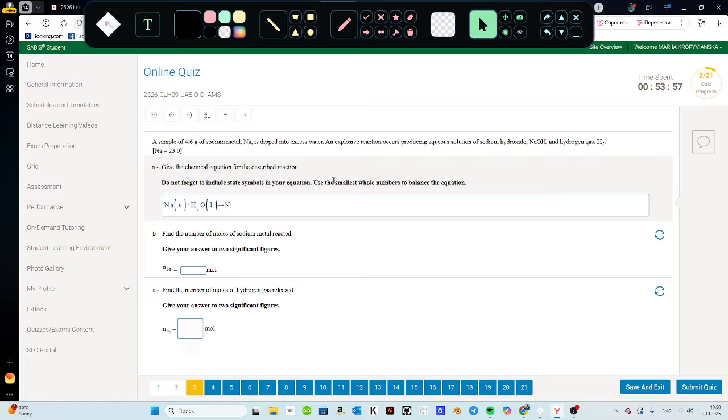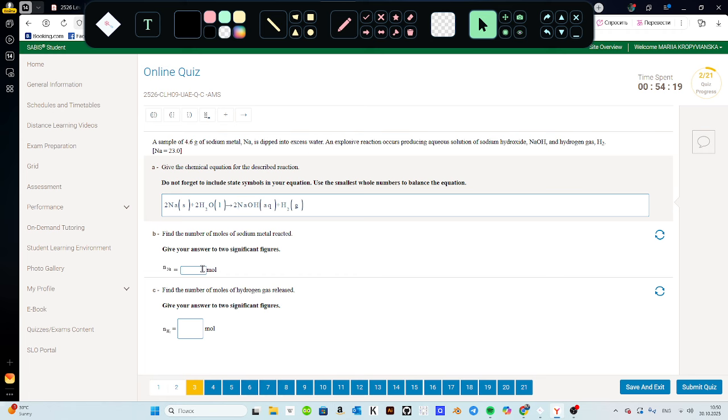NaOH, which is one of the results of our reaction, is aqueous, plus H2. We have a small problem here in that the equation isn't balanced. We can't start solving anything, so let me just balance it really quickly. 2 over here, 2 over here, and 2 over here.